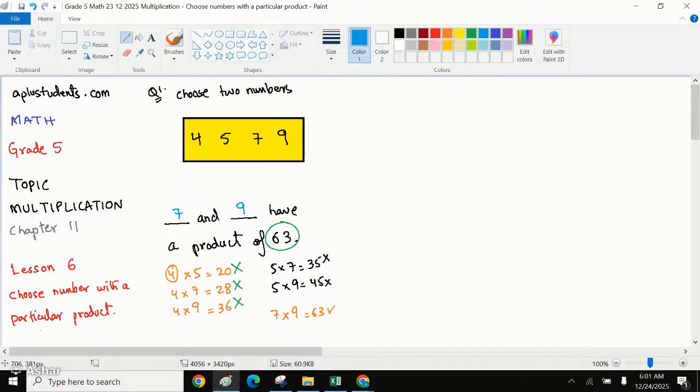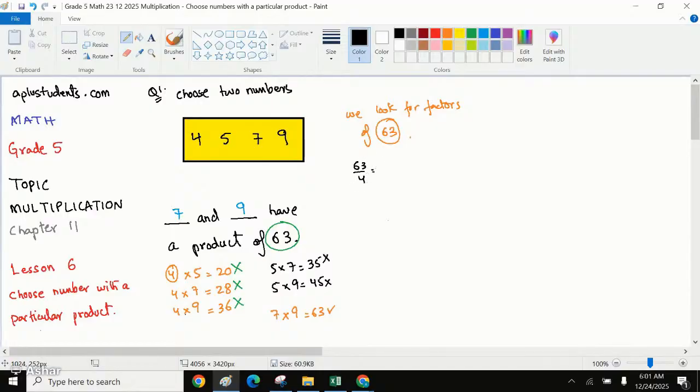The other way to look at this question is we look for factors of the number given in the question, that is 63. So 63 cannot be divided by 4, right?